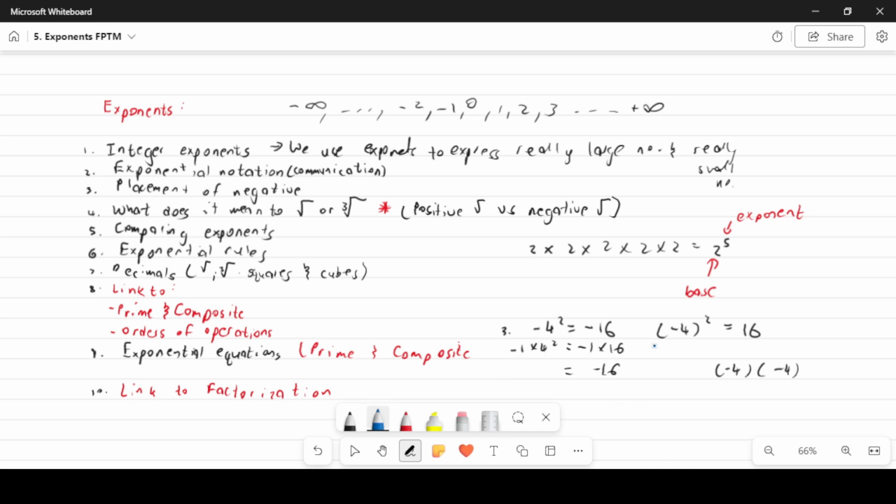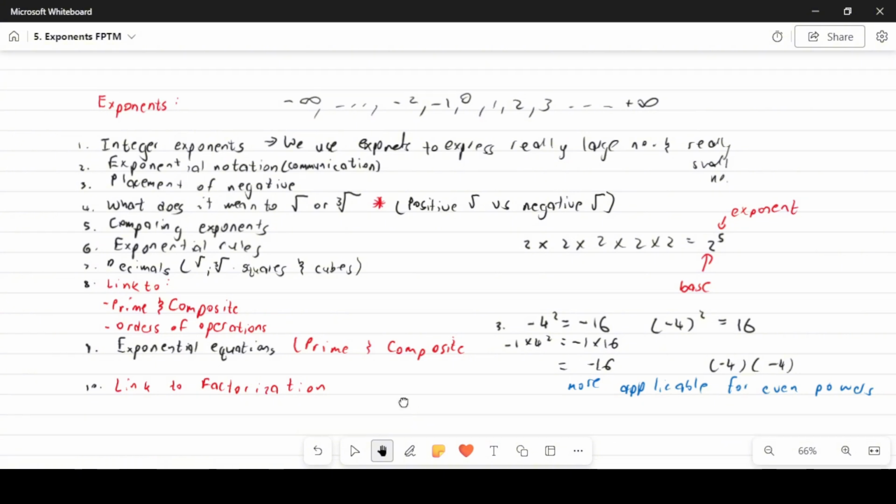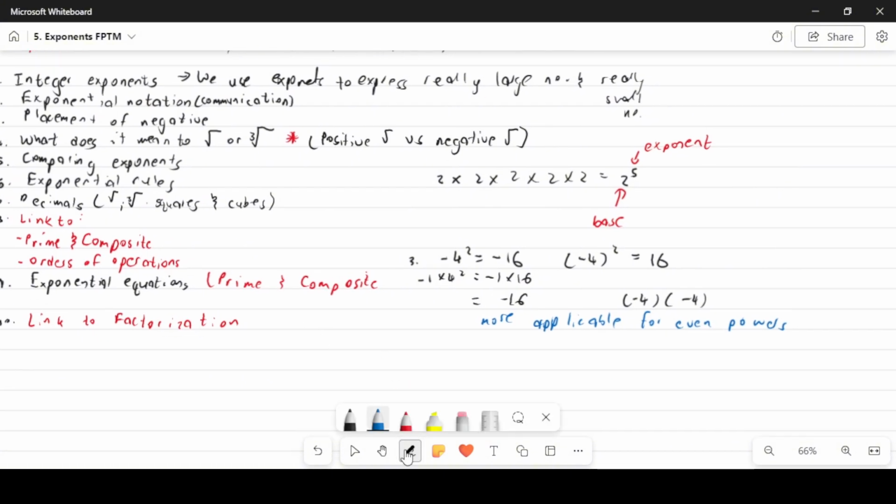Now, like I said, this is more applicable for even powers. Why? Because this will lead us to the next thing that we need to talk about. Multiplying an even number of negatives will give you a positive. And multiplying an odd number of negatives will give you a negative.